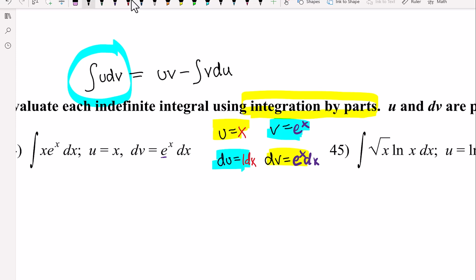All right, so now we just apply this formula. So we start, so uppercase F of x is equal to, we put the original u times dv.